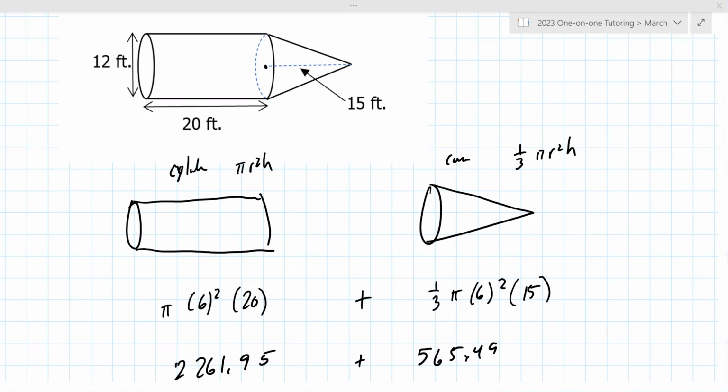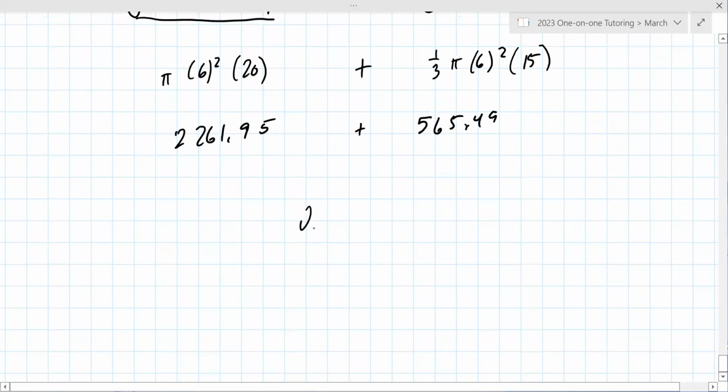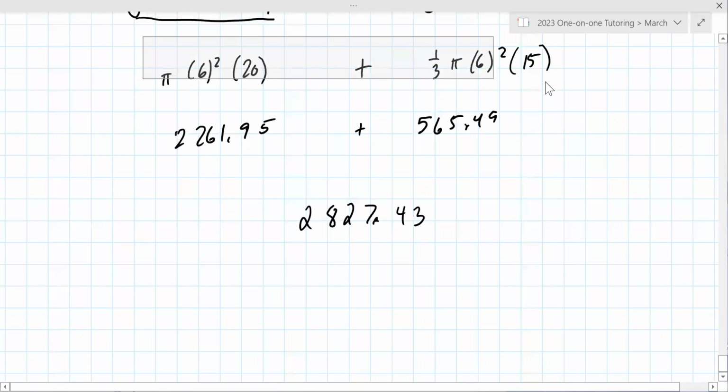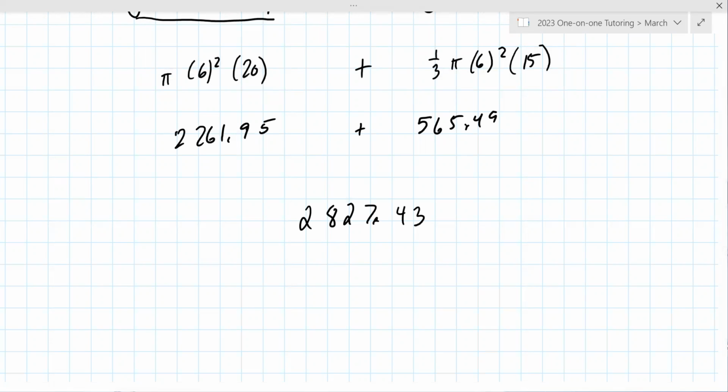Okay, I got 2,827.4337. So 443, we'll say. Yeah. Okay. So if you put the whole thing in your calculator at one time, you will get just the tiniest little difference in your answer here.